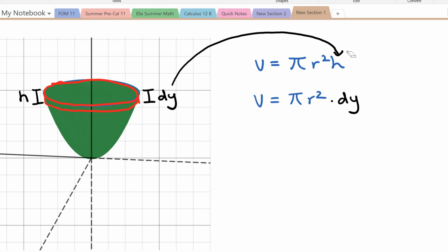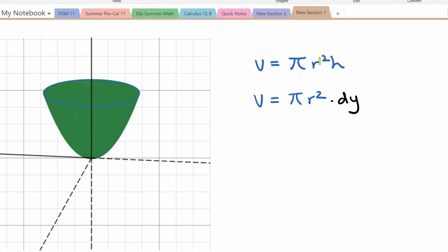That takes care of the h in the formula. And then let's take a look at the radius now. The radius is basically from the y-axis all the way to the edge there. That's my radius. And if I think of that in terms of the function, that's just this horizontal distance x, right? So x is really the radius there.